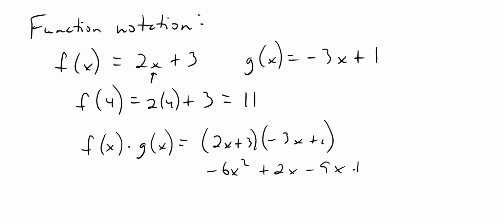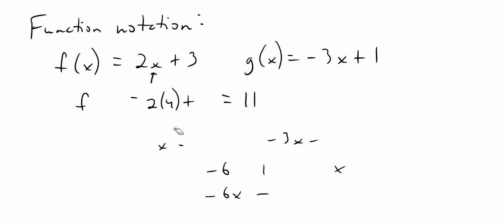And 3 times 1 is plus 3. Combine like terms: -6x squared minus 7x plus 3. That's your answer. Let's keep going here. I'm going to erase this because I want to keep those values up there.